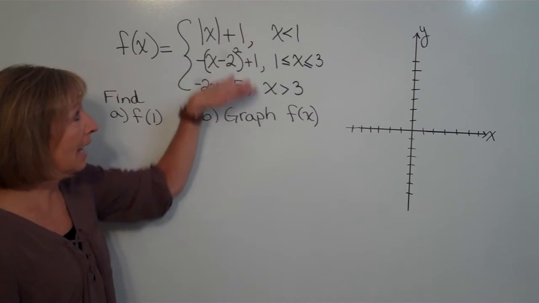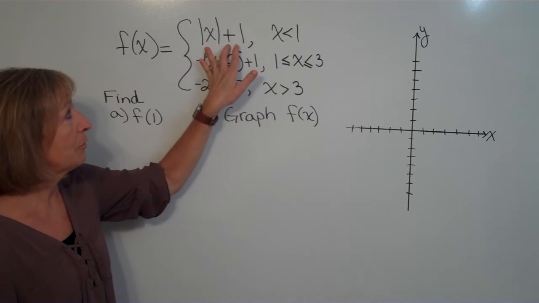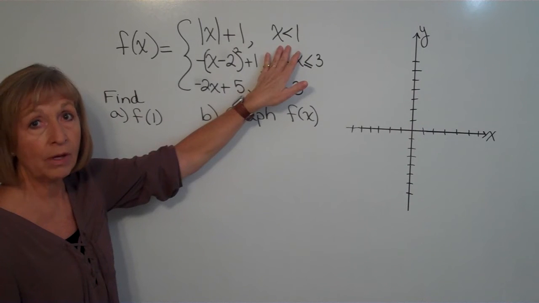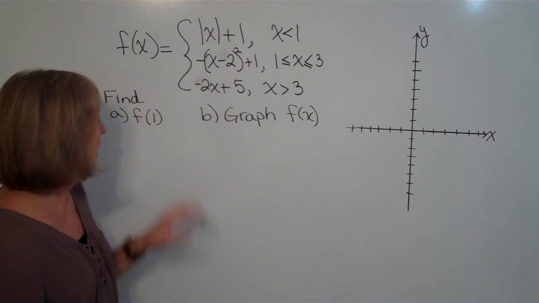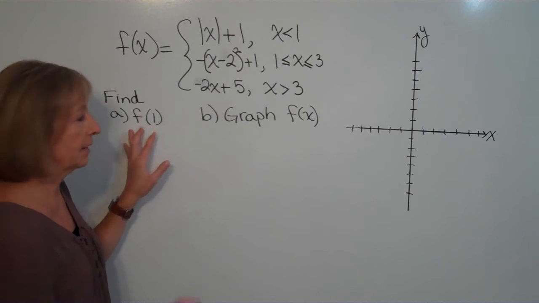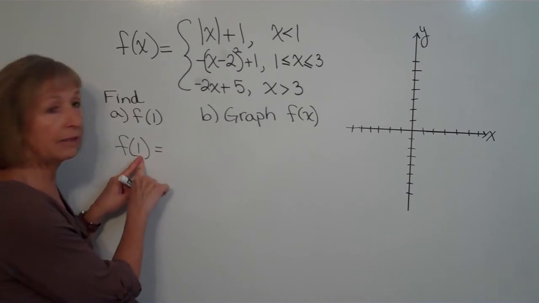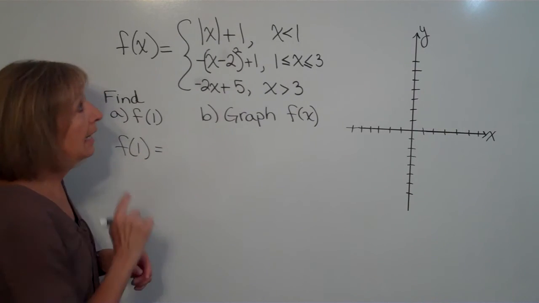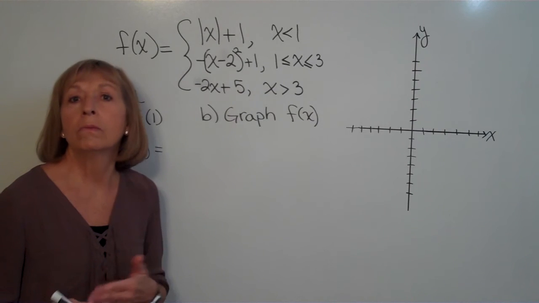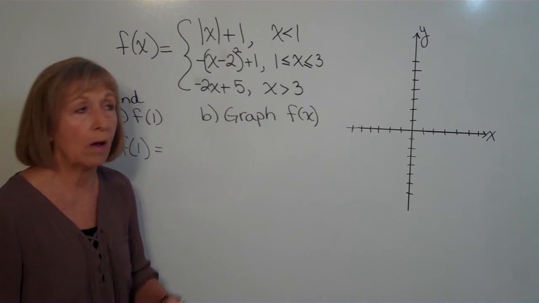So here we have our piecewise defined function. It's equal to the absolute value of x plus 1 for x less than 1, like I said, and each of these other pieces as we've already gone through. And now find f of 1. So for f of 1, I need to look at the input they're asking me about, and they're asking about the input 1, and I need to find out where the rule is valid for x equal 1.